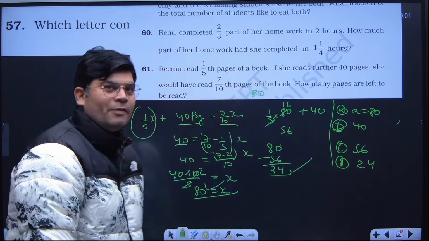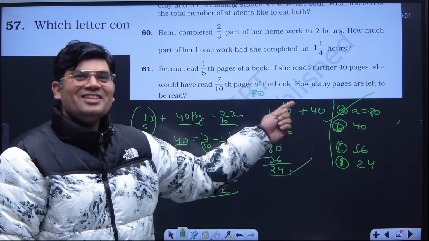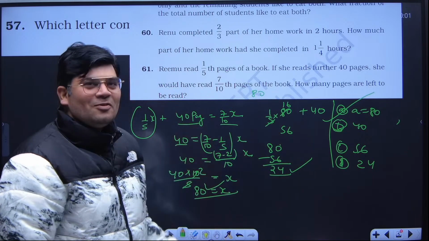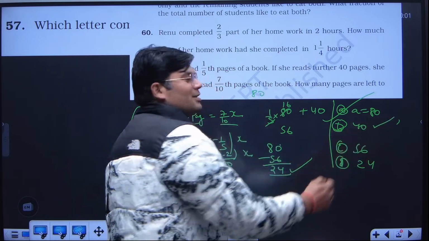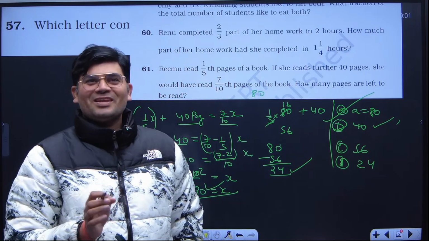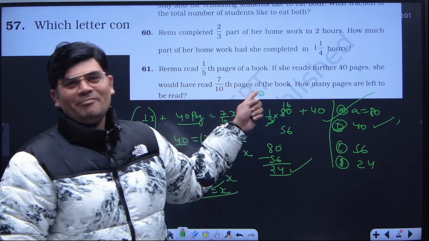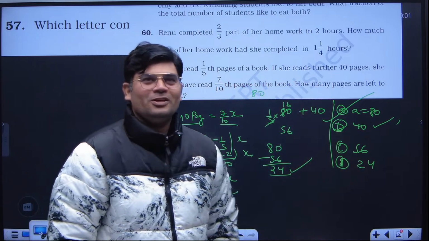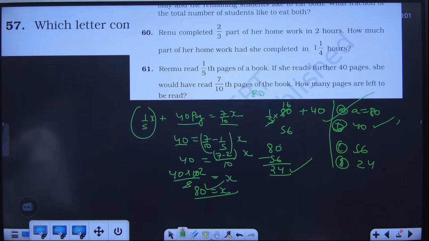So as soon as we find x, they think, oh, this is the answer, and they click on it. Some students who are more clever say, okay, 40 pages read, so 40 is the answer. No, it is not 40. 40 and 16 have been read, so the leftover is 24 only. This is how they trick.